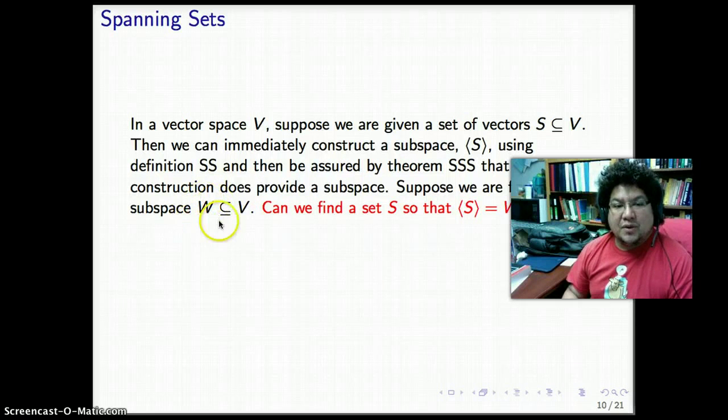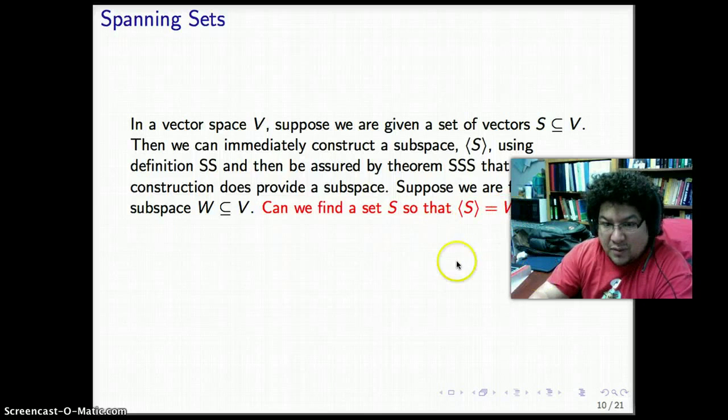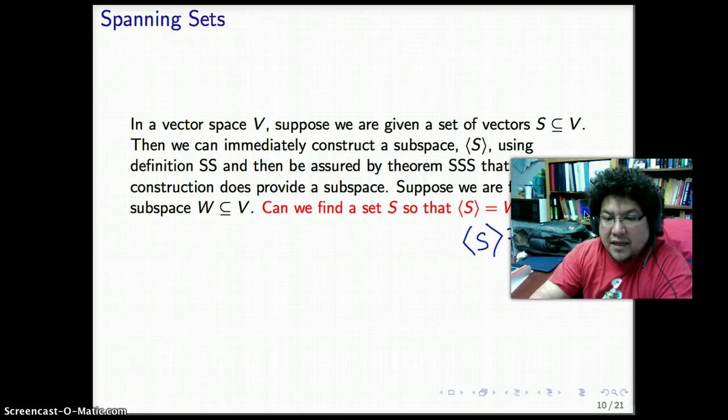We're working with a given subspace W, and can we find a set with the property that the span of that set is exactly equal to W? In other words, can we find S such that the span of S equals W? And remember, we're assuming that W is a subspace of the vector space V.